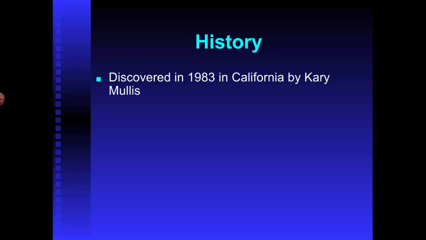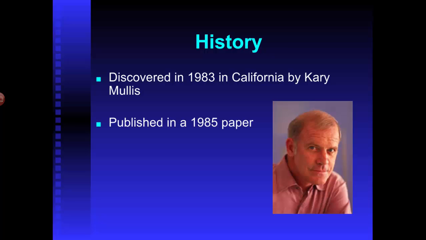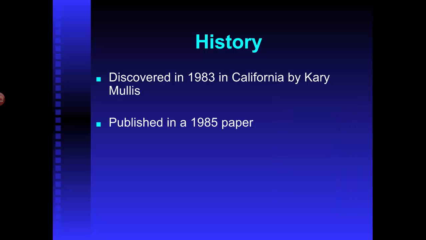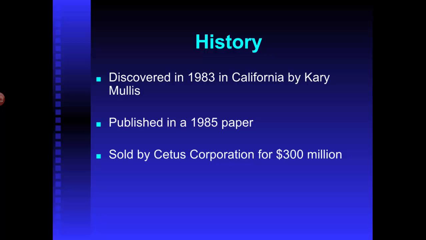So this technique is not as old as you might think. It was actually discovered in the early 80s. A chemist who happened to be working in a genetics or microbiology lab, named Kary Mullis, in California, happened upon this particular technique. He published a paper in 1985 describing it, and since he was working for the Cetus Corporation at the time, they technically owned the rights to PCR.